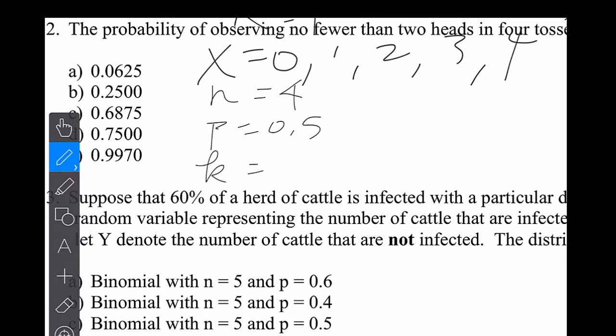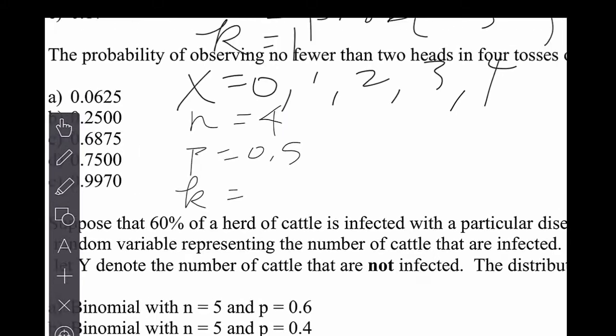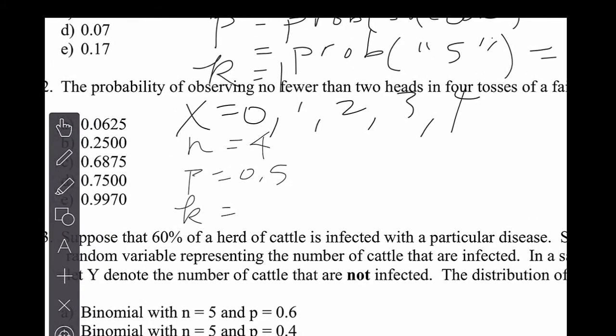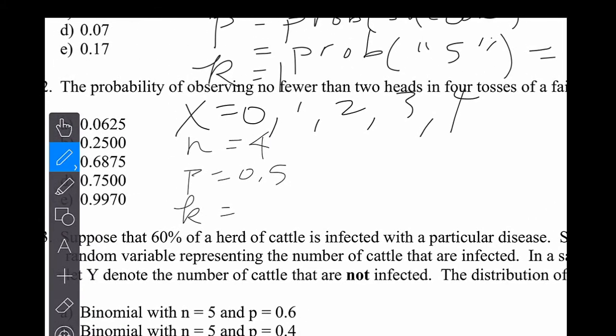X and P, and then K. What am I interested in? In other words, which one of these am I being asked about? You're being asked about no fewer than 2 heads. Aha, so that's not just one of these. I have to actually calculate a few. No fewer than 2 means 2, 3, or 4.